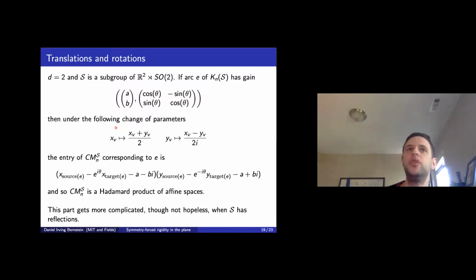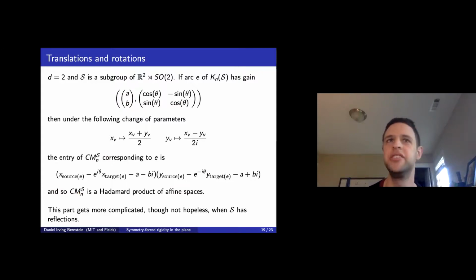If I do the following change of parameters, then the entry of this variety corresponding to the arc E, where E has translation part A, B and rotation part this, the entry of the Cayley-Menger variety corresponding to E is going to be this product of these two affine forms. And from this, it follows that this variety is just a Hadamard product of affine spaces.